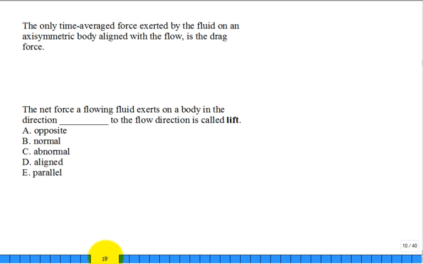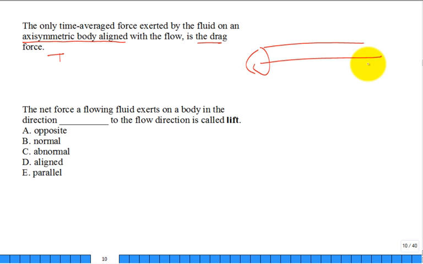The time average force exerted by the fluid on an axisymmetric body aligned with the flow is the drag force. That's true. So if you have an axisymmetric body, the time average is just going to be a drag force on it. Now, if I have an axisymmetric ball and I give it some spin, the spin changes things, right?